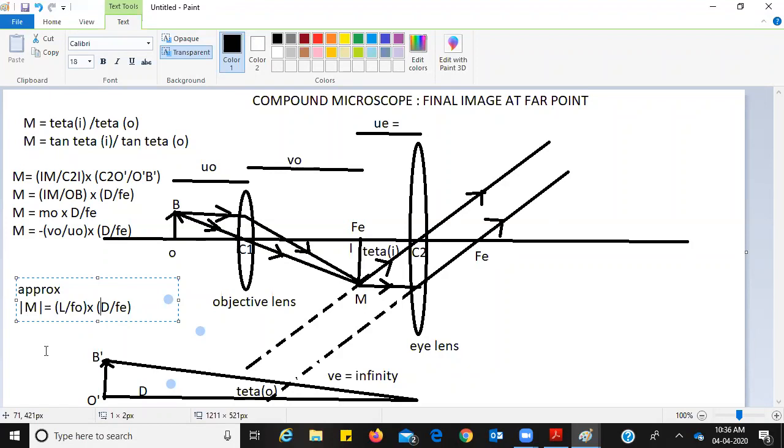Done, sir. Do you want to discuss numerical questions now, or go and finish the telescope and come? I think we'll finish all the theoretical part of this chapter, then we can go to numericals. So I'm moving to the telescope then.